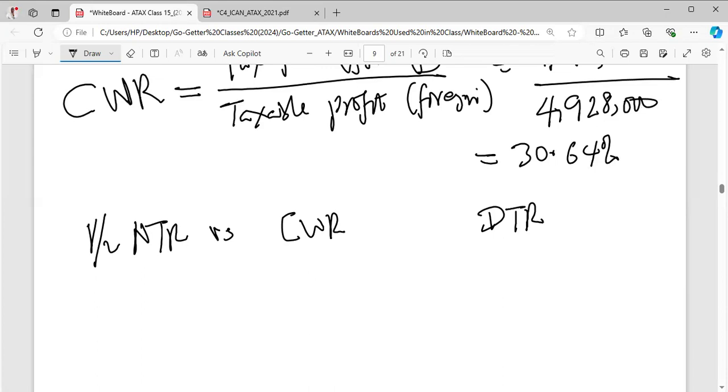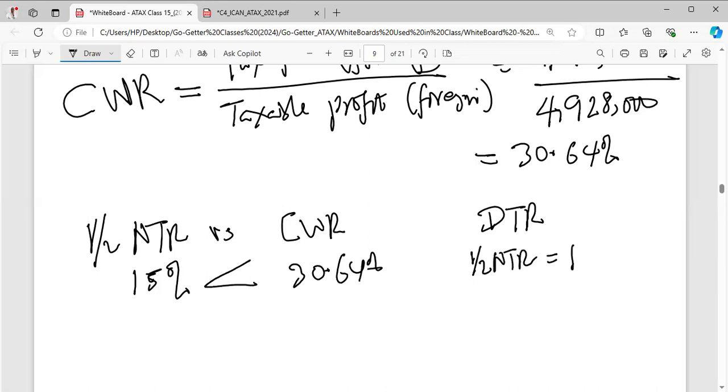So this is 15% and this is 30.64%. Because this is lower, DTA will be half of Nigerian tax rate, which is 15%.